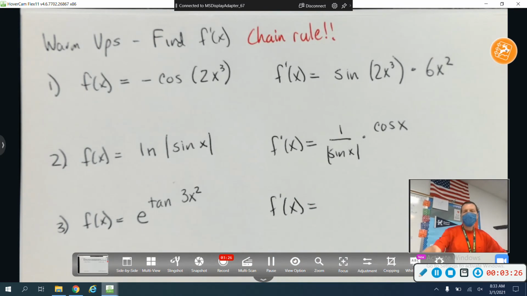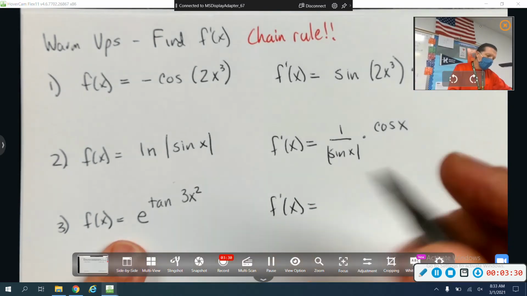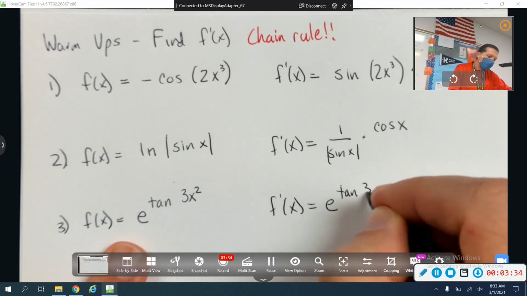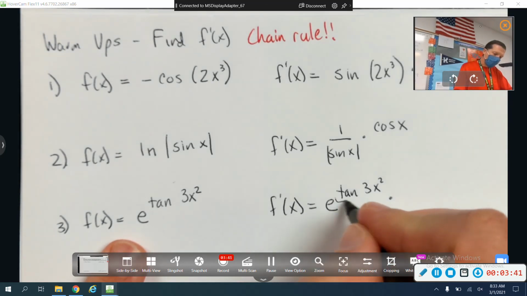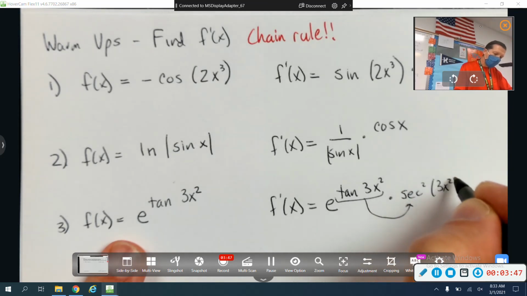Number 3 has a couple of links in the chain for the chain rule. So derivative of e to anything is e to whatever the thing was. But then we have to chain rule that. So the derivative of tangent of 3x squared would be secant squared of 3x squared.